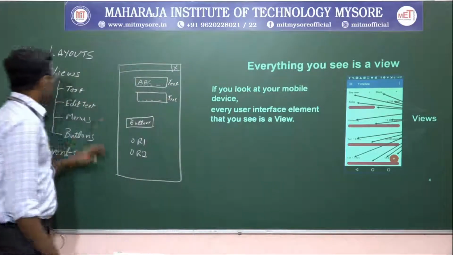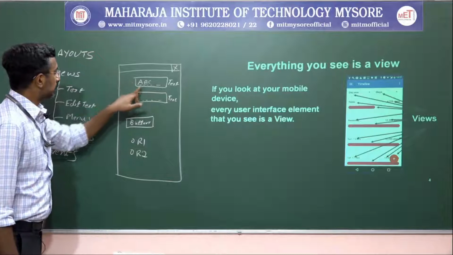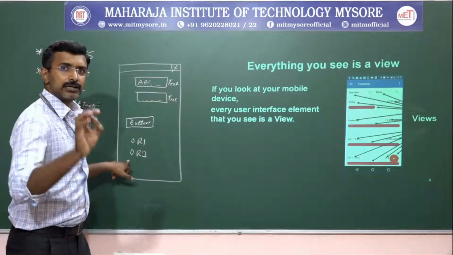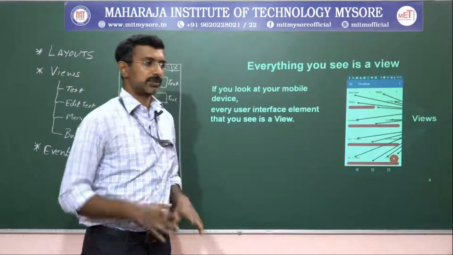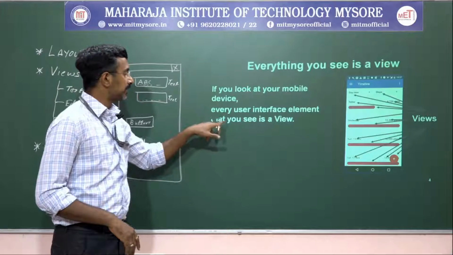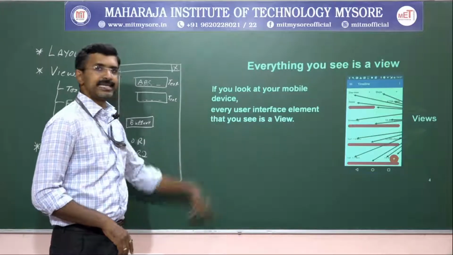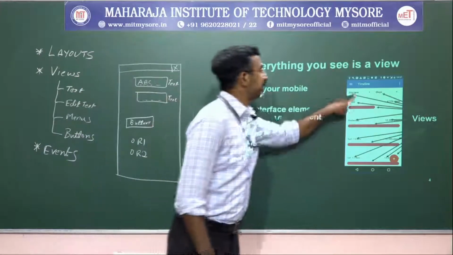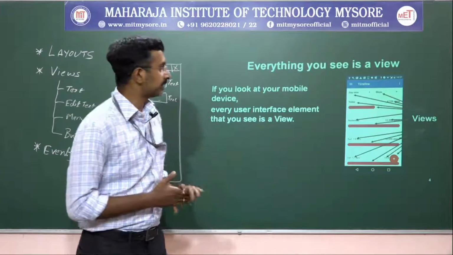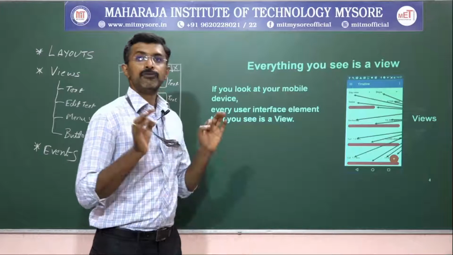Or you consider an edit text box or a radio button. Every control we call a view. If you look at your mobile device, every user interface element that you see is a view.